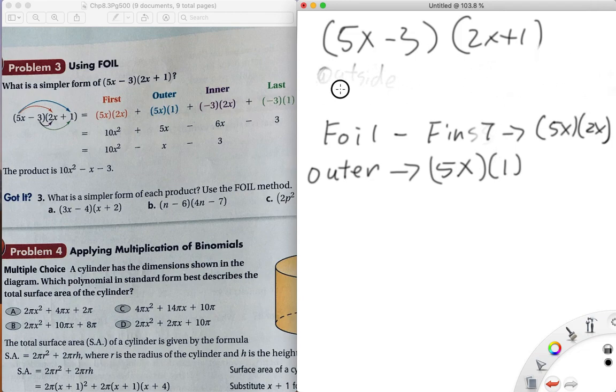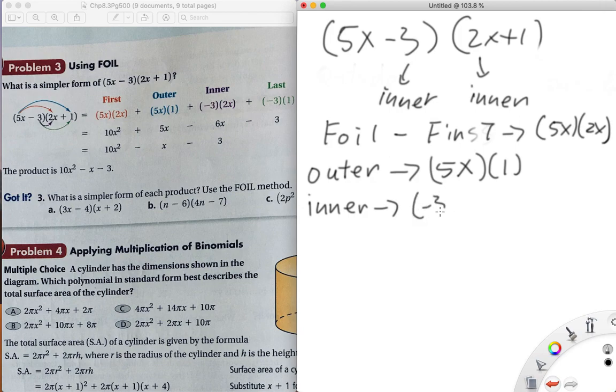Then I have the inner terms. So this would be inner. This would also be inner, because they're on the inside, right? So these are the outsides, then these guys must be the insides. And that's going to be negative 3 times 2x.